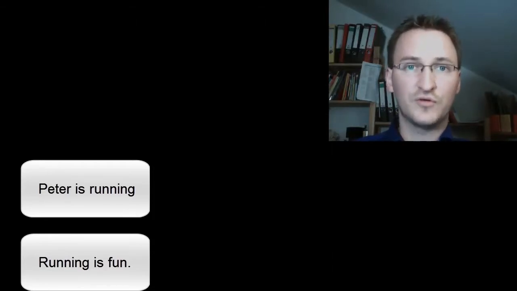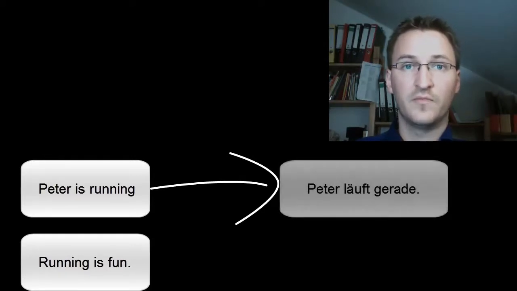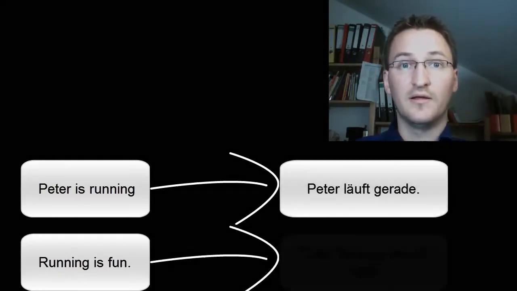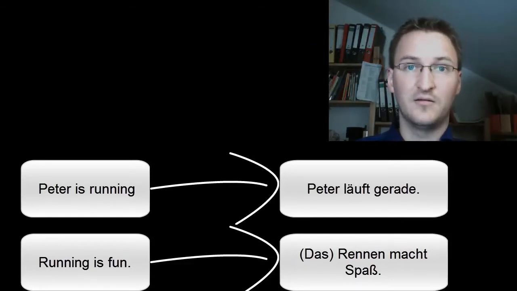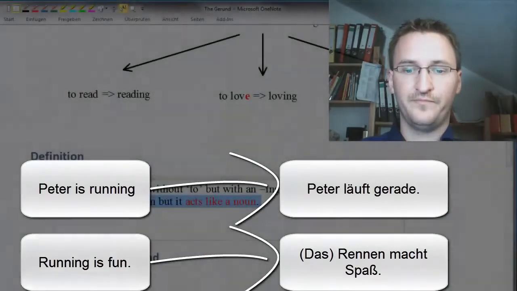In German, we could translate that by Peter läuft gerade, or Rennen macht Spaß, or we could say das Rennen macht Spaß, so it becomes really clear that das Rennen is a substantiviertes Verb. So das Rennen was built from a verb and now is a noun.